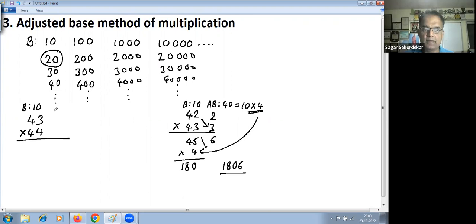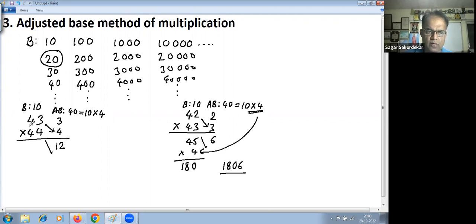The base is 10, the adjusted base will be 40, for both numbers. Satvik, you have to try again. Arti, correct. Okay, Satvik's here. 40 can be written in terms of the main base as 10 into 4 into 4 again. 43 minus 40 is 3. 44 minus 40 is 4. 3 into 4 is 12.